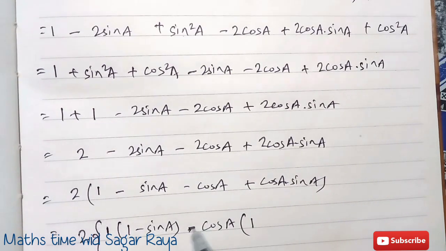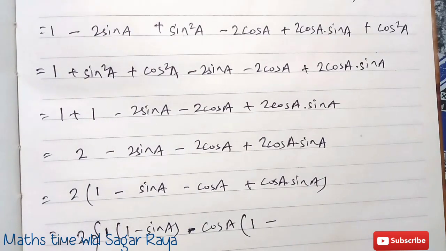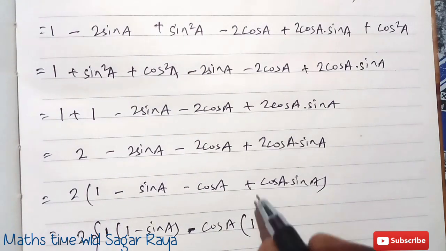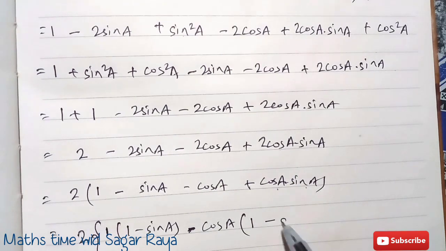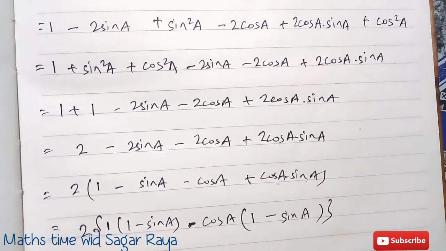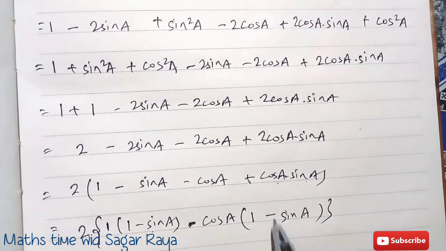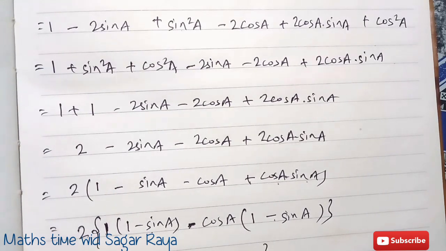Since the outside sign is minus, this plus will become minus, so you have to change the sign. You took cos a common, so here remains sin a. So this 1 minus sin a and 1 minus sin a are the same, so 1 minus sin a in one bracket, and what remains, 1 minus cos a, in the next bracket.